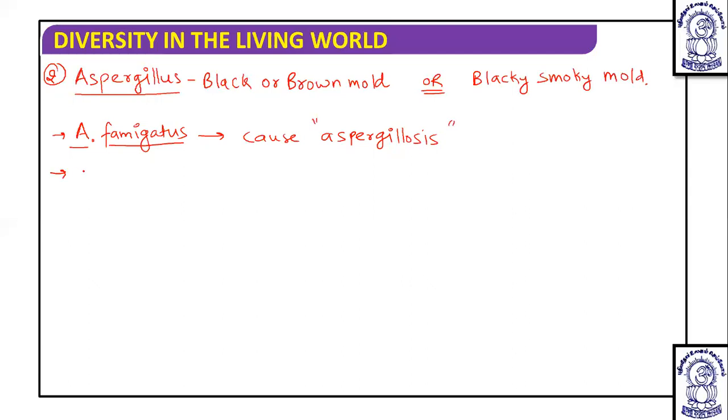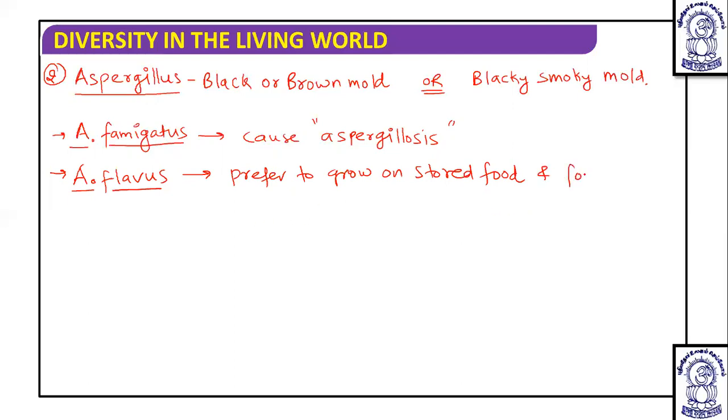Apart from that, one more species is known, that is Aspergillus flavus, and this Aspergillus flavus prefers to grow on stored food like groundnut, cashew nut, etc. And it also prefers to grow on fodder.